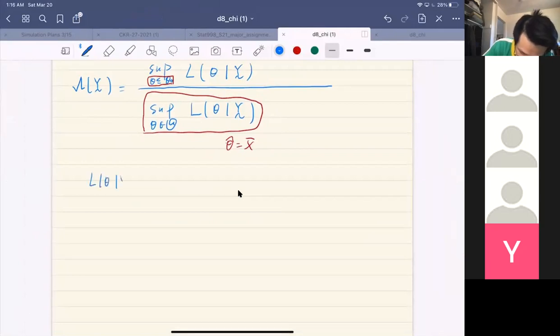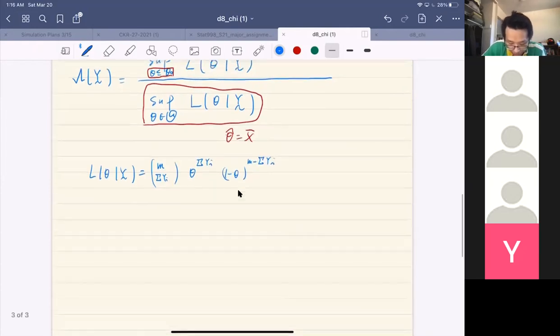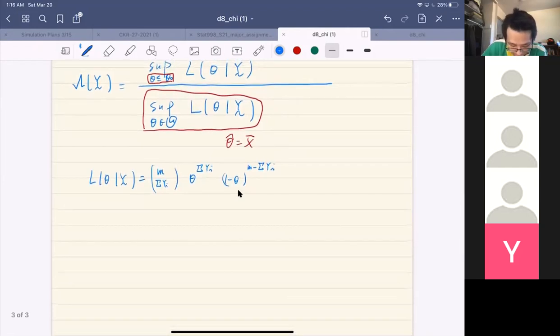The likelihood function is m choose summation yi, theta to the summation yi, times 1 minus theta to the m minus summation yi. So find the solution for the numerator.